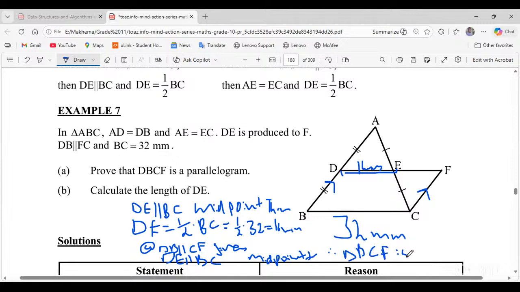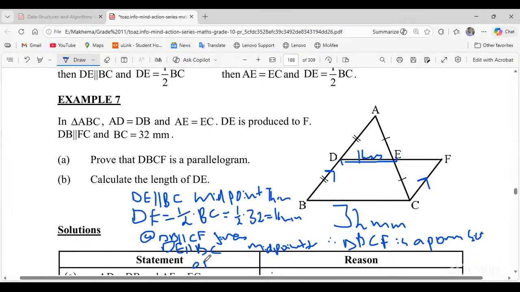Therefore, DBCF is a parallelogram since opposite sides of a parallelogram must be parallel. Yes.